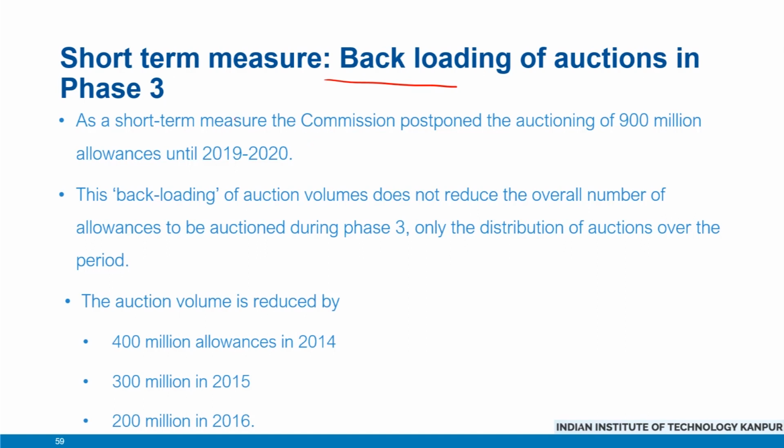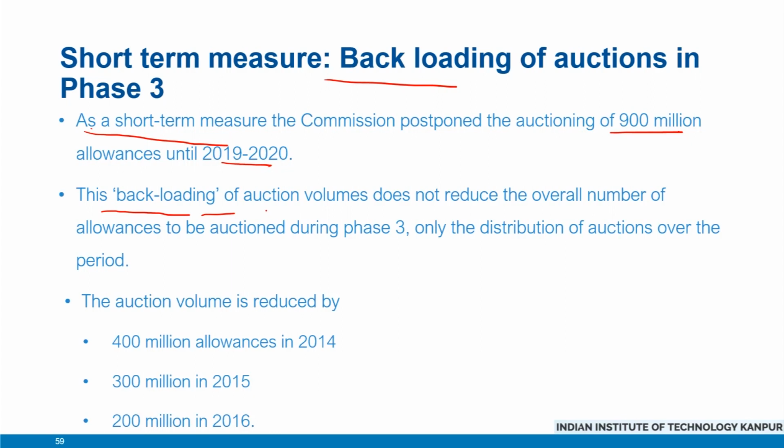First and foremost, it was a short-term measure. The European Union Commission postponed auctioning of 900 million allowances until 2019 to 2020. So they delayed certain auction volume, and this is what we are referring to as backloading of auction volumes. It does not involve the reduction of overall allowances to be issued or auctioned.